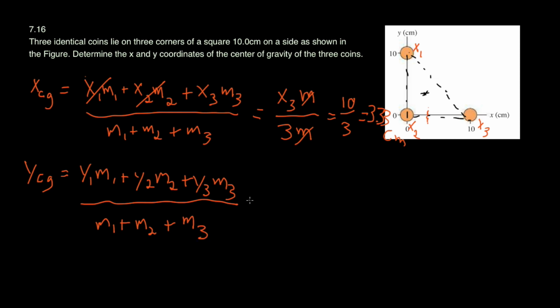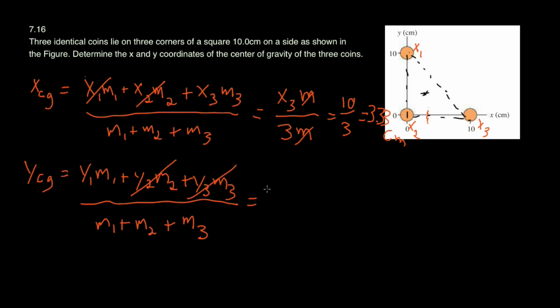And so again, we know that y2, this coin right here, is going to be 0 because it's at the origin. And we also know that this coin over here is going to have a y coordinate of 0, right, because it's right along the x-axis. So it's going to be 0 as well.